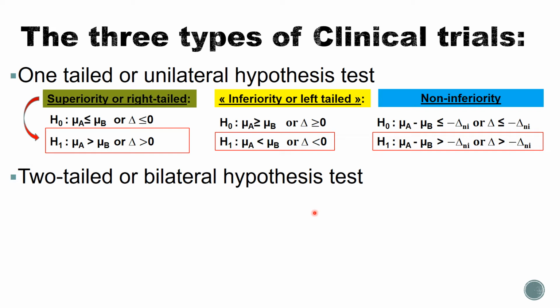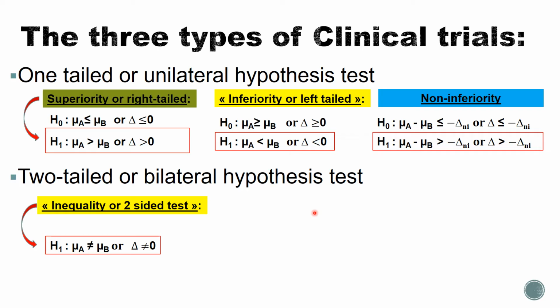Now let's look at the two-tailed or the bilateral hypothesis test. In the two-tailed or bilateral hypothesis test, we would start with what we call the inequality hypothesis test. In the inequality hypothesis test, as I said, the naming of any hypothesis test in biostatistics or epidemiology or clinical research has to always do with what? The alternative hypothesis. In other words, our research question.